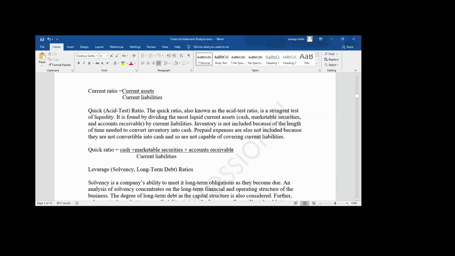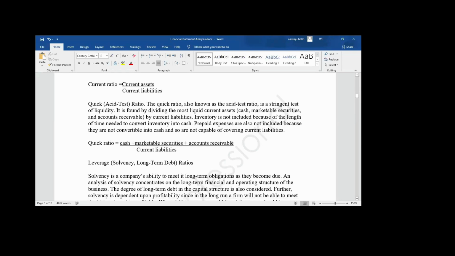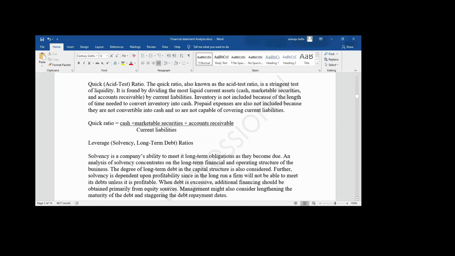Analysis of solvency concentrates on the long-term financial and operating structure of the business. What we are saying is, if you are trying to measure solvency ratio, you are going to look at the company's financial structure, your capital structure.